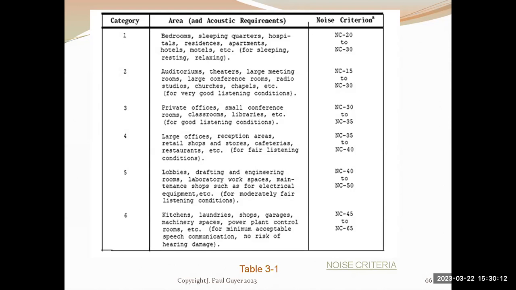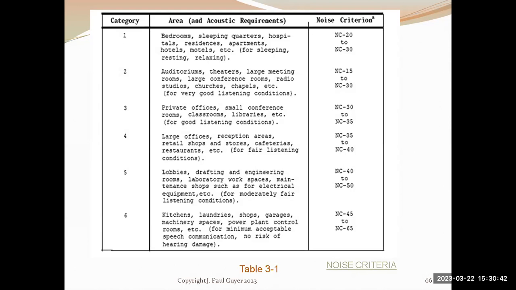And they have developed over the decades this guidance table here to assist the building designer in selecting the noise environment that is acceptable for the human activity that's going on in different kinds of spaces in a building.